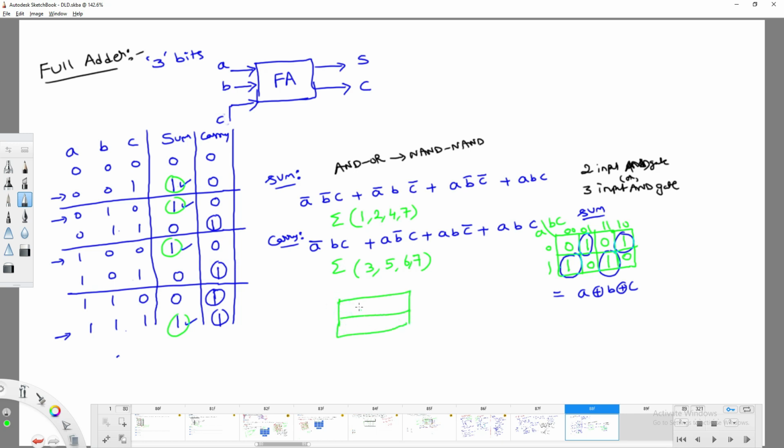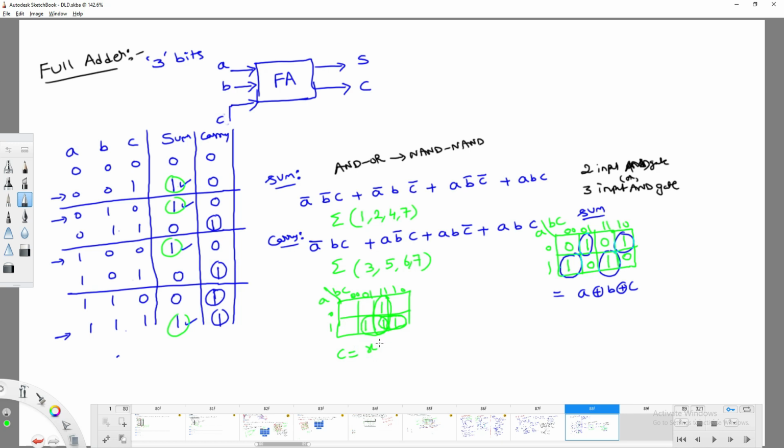Similarly, if you take the K map for carry, it will look like this: A B C, 0 0 0 1 1 1 1 0 0 1, and 3 will be this one, 5, 6, 7. How are we going to simplify this? I can take out these two, these two and these two.